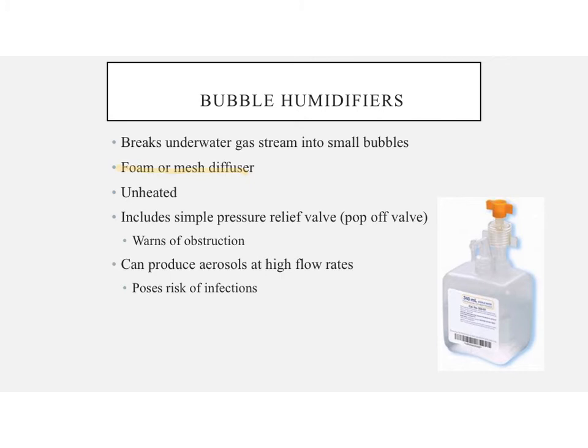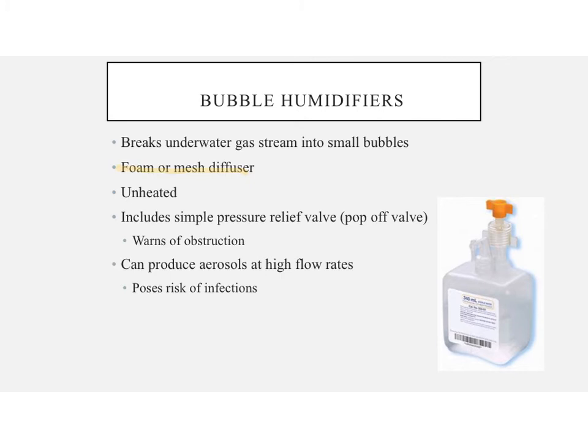Everything is disposable, so you don't have to worry about sanitizing it in between patients. So think about adding heat to a piece of plastic. What's going to happen? If it's not checked regularly, the plastic can melt, especially if it's closer to the end of the water use. It can deform the shape of it so it's not attaching right to the flow meter. So typically, bubblers are unheated.